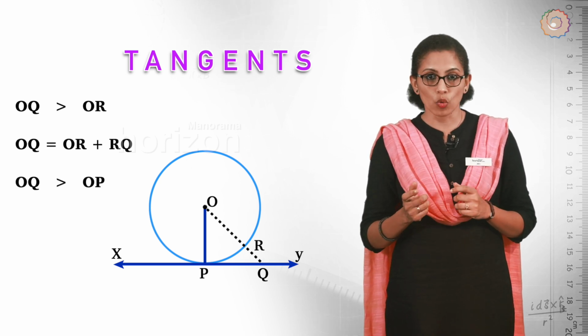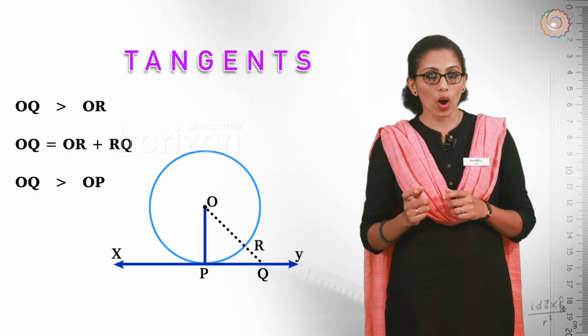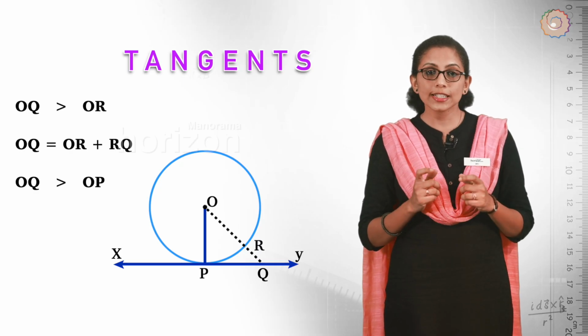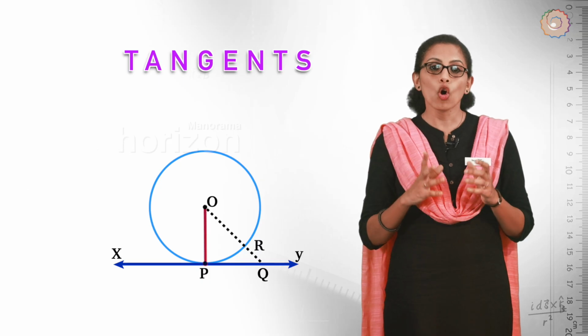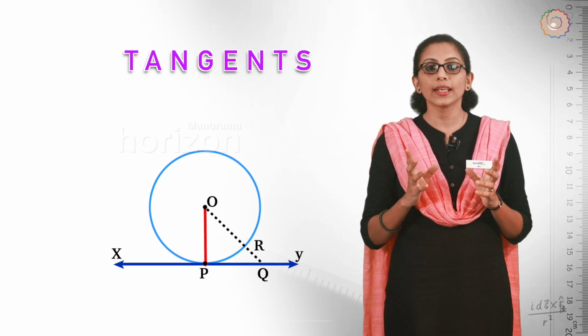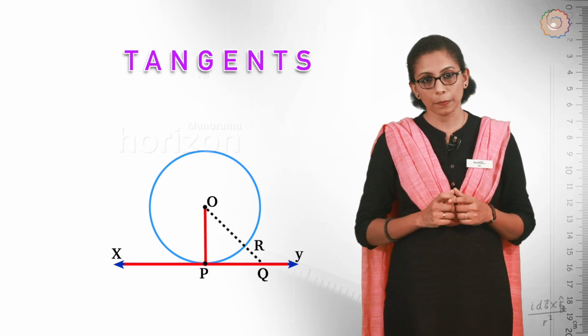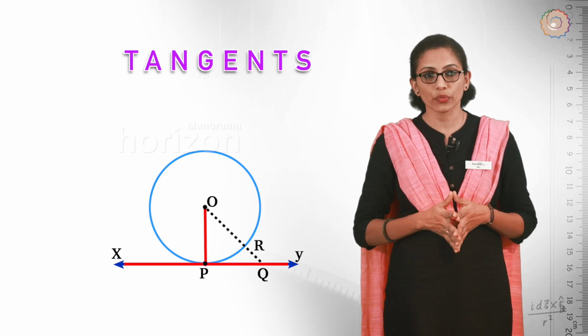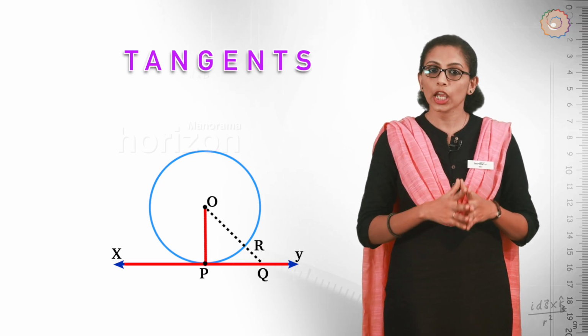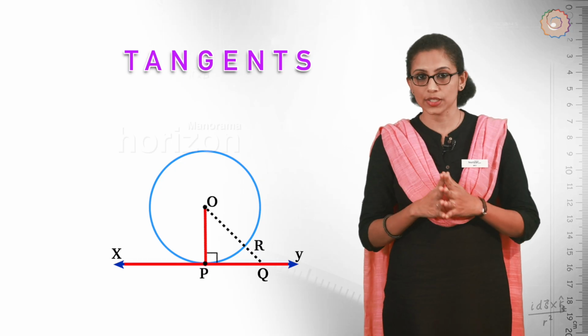OQ is greater than OP as OP is equal to OR, which is the radius. The same will be the case with all other points on XY. Hence, OP is the smallest line that connects O to XY. And the smallest line is perpendicular to XY. Therefore, we can say OP is perpendicular to XY.